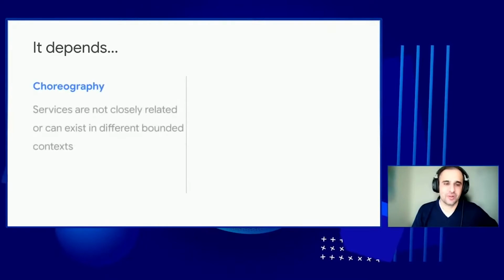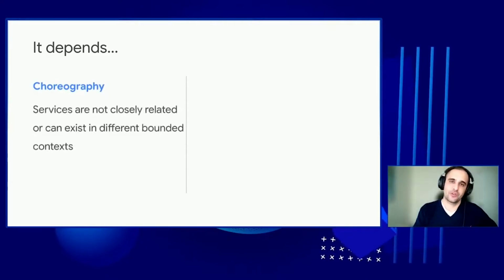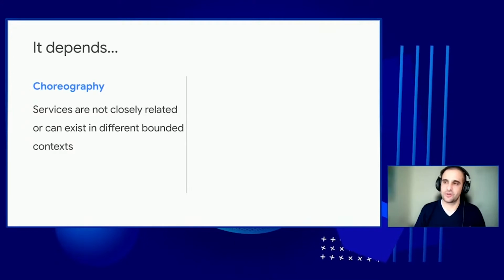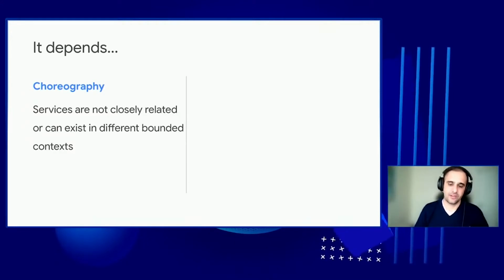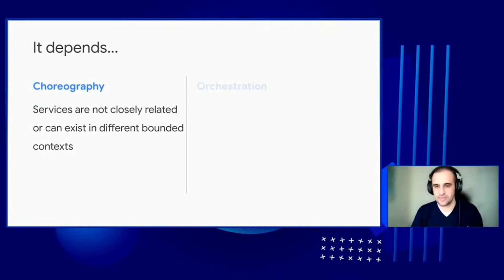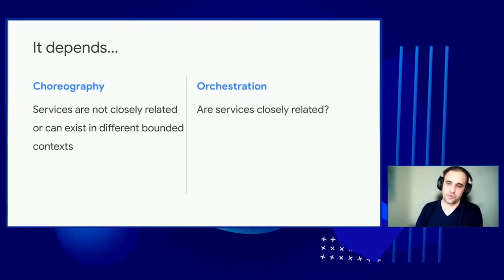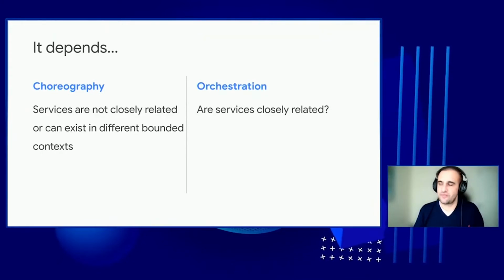But I think in general, if your services are not closely related and they can exist in different contexts, then it's usually better to think in an event-driven way, because that will allow you to plug in your services more easily in different architectures. But if your services are always closely related, always deployed together, and always go in a certain order, then maybe you don't need the flexibility of eventing.